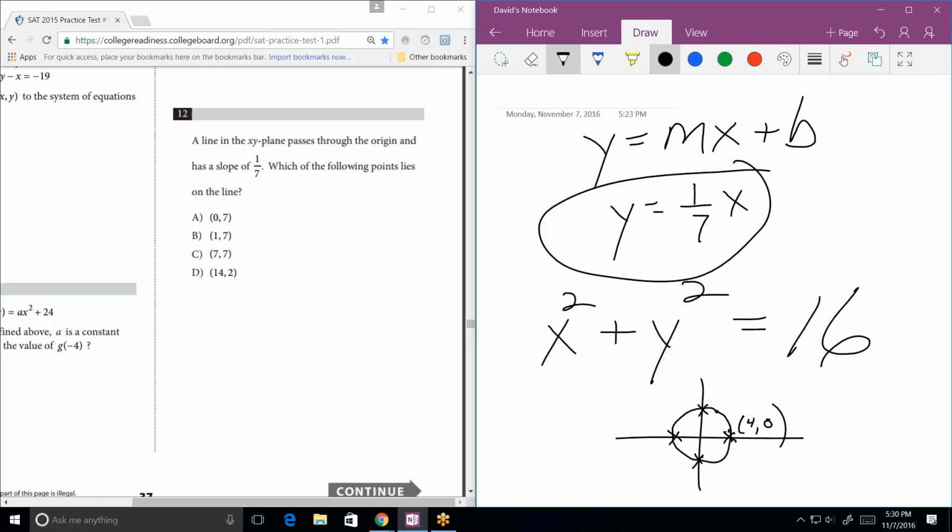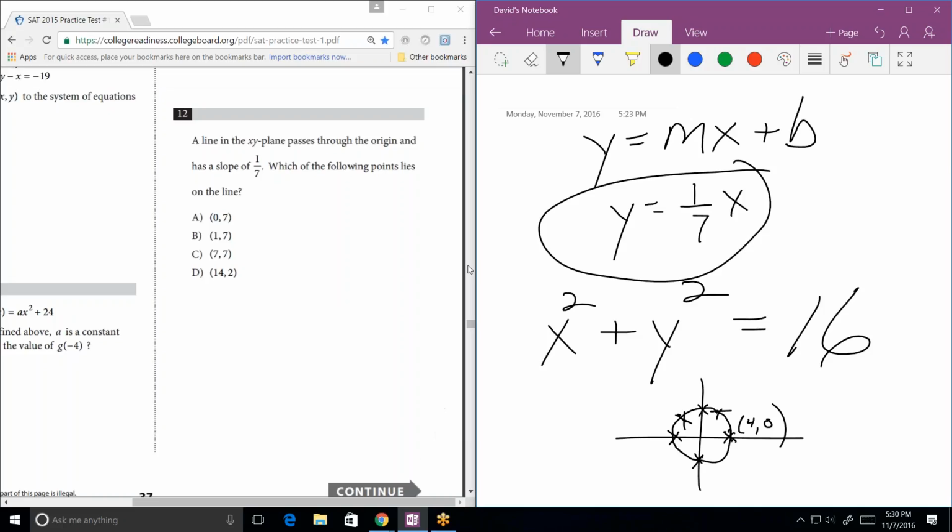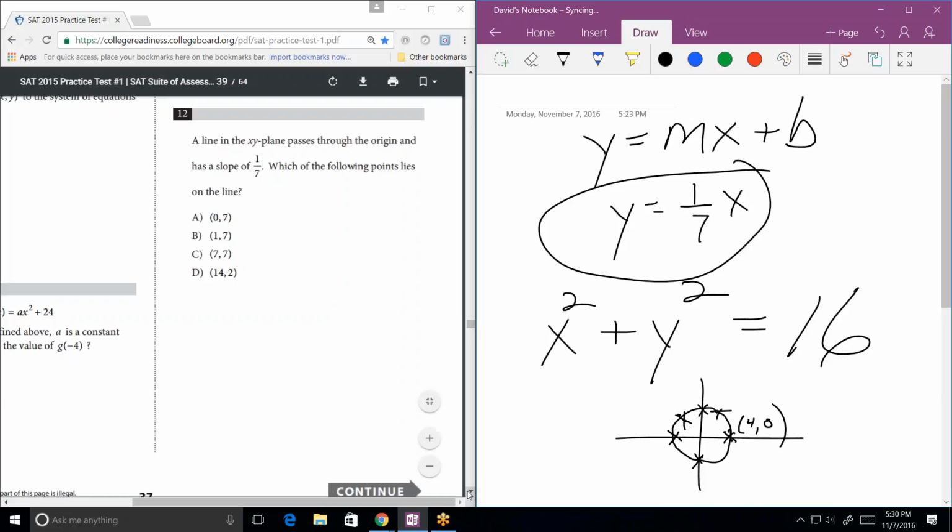As well as lots of points that are going to be irrational numbers. But the essence is that when they're asking about a point being on an equation, it has to satisfy the x and the y of that equation.